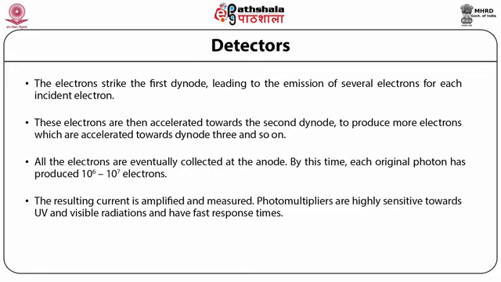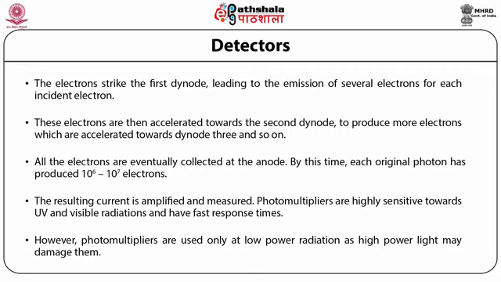Photomultipliers are highly sensitive towards UV and visible radiations and have fast response times. However, photomultipliers are used only with low power radiation, as high power light may damage them.